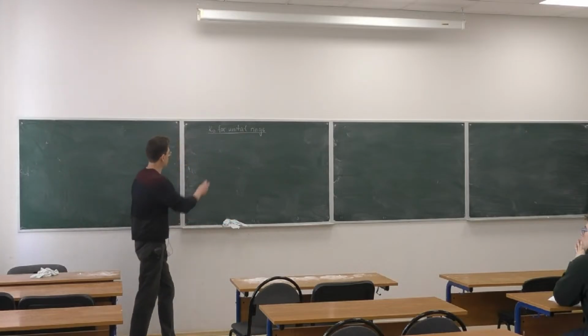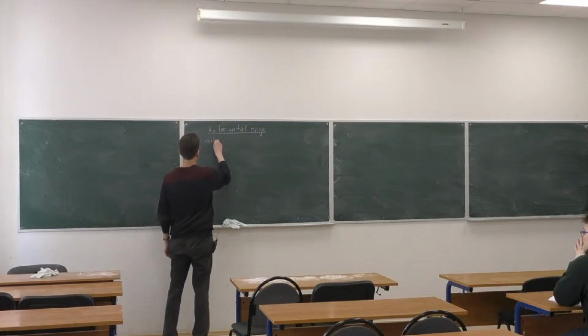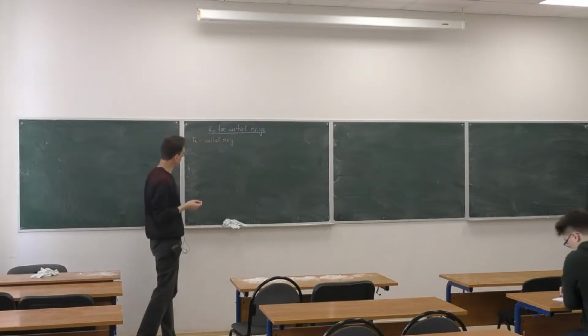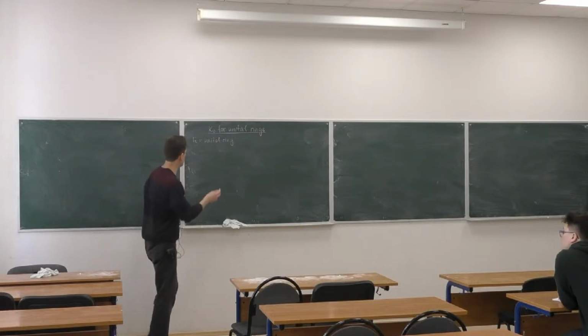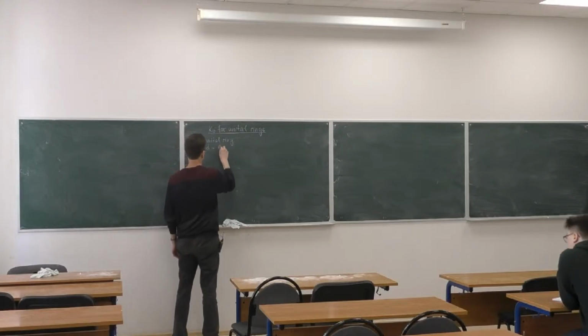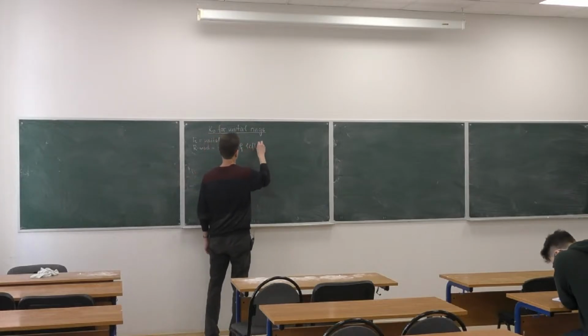Okay, so suppose that R is a unital ring. That is a ring with identity. We will deal with left modules over R. And the category of all left R modules will be denoted like this. This is the category of left R modules.